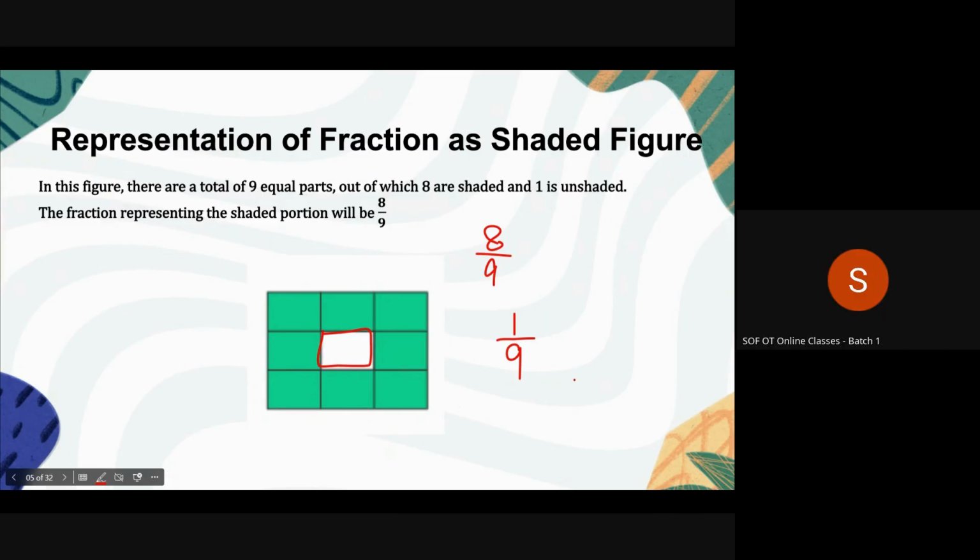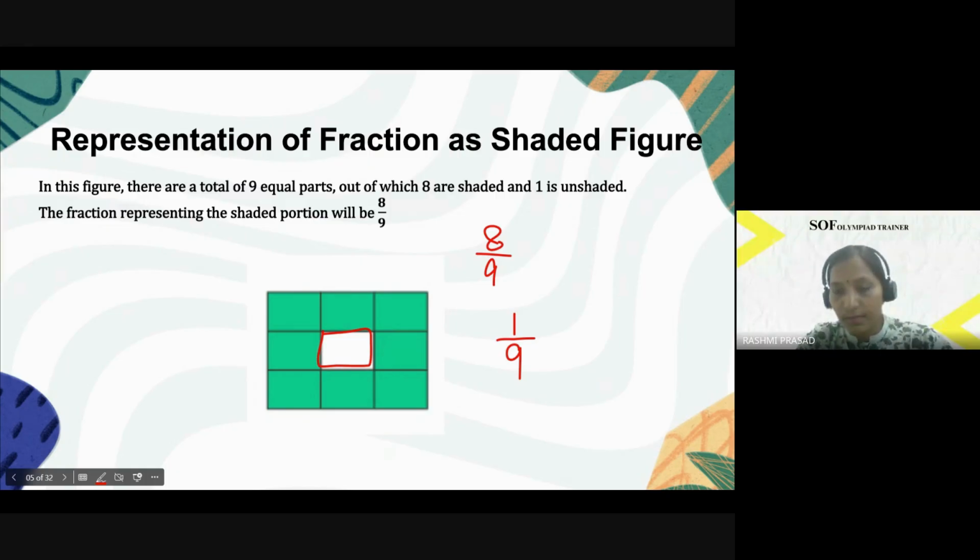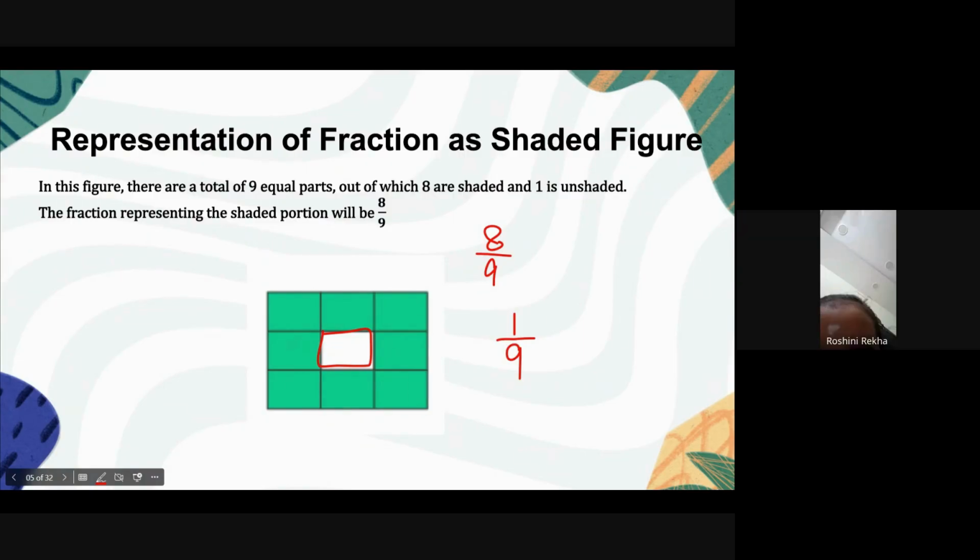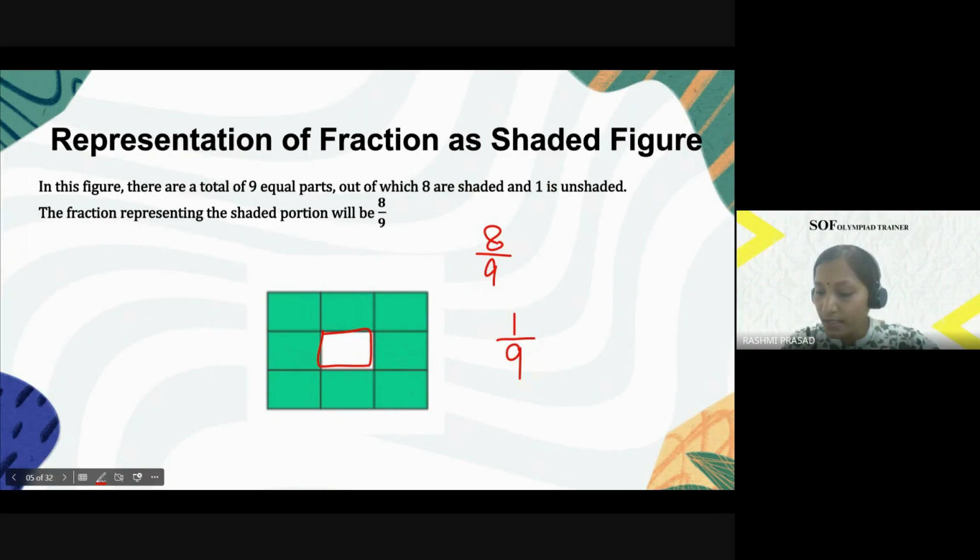Students who have not given their name in the attendance, please do that, who've just joined in the last 2-3 minutes. I'll just give 2 minutes. Guys, quickly type your name in the chat box if you have not done so far. Those who have joined new, can you please type the name? Vihan, Roshni, you can tell me your name.